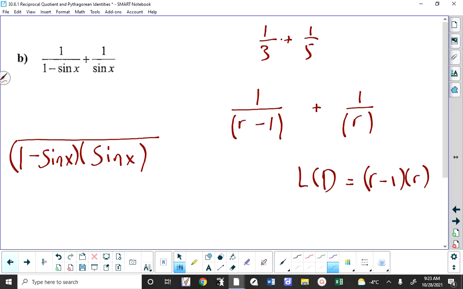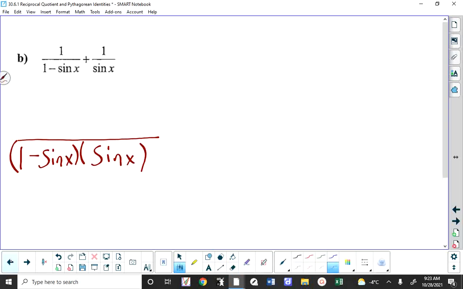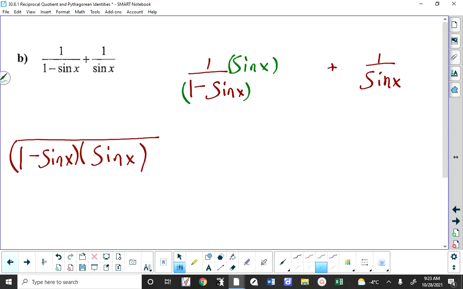I'm going to rewrite the question, which I think is a good idea whenever you're working with rational expressions, just to space things out so that I can say, well, I'm going to multiply top and bottom of this by sine of x. I'm going to multiply top and bottom of this by 1 minus sine of x.